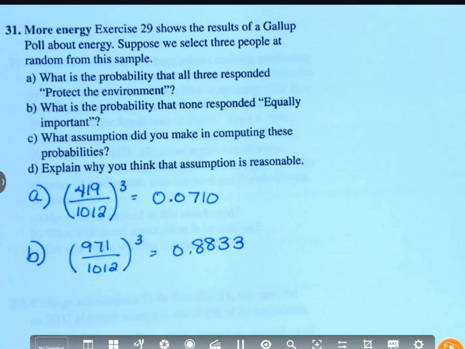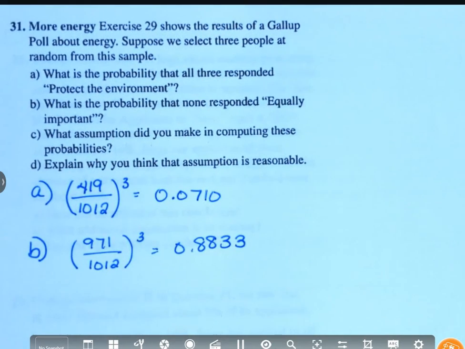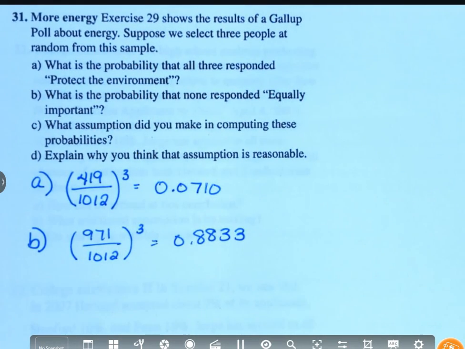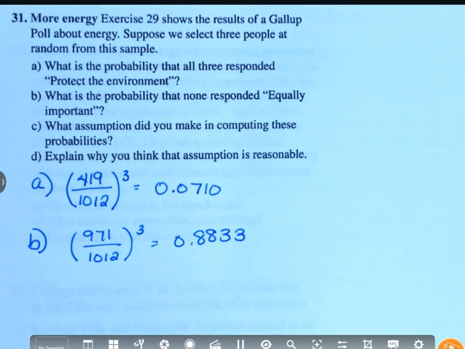Now, for C, it says, what assumption did you make in computing these probabilities? What did we use? What did we need to assume? Right. Very, very good. This is a Gallup poll. Gallup polls are very well done polls.